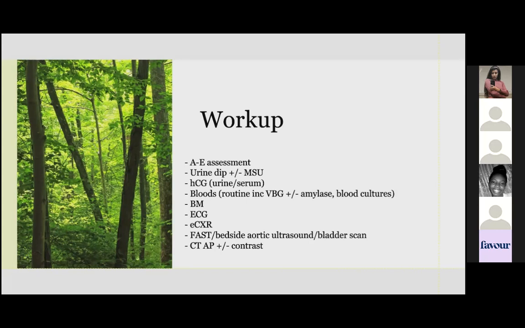We can also do bladder scans, which is useful if you suspect the patient has got retention. We'll go through how to manage and investigate the important causes of acute abdomen, but CT is often the investigation of choice. This can be abbreviated to CT-AP, which is CT abdomen and pelvis. You may or may not do this with contrast, depending on what you're looking for.